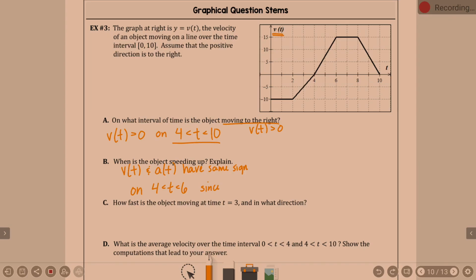And I'm just going to say, since velocity is positive, and now, the way I have mine written is v prime of t is greater than 0.